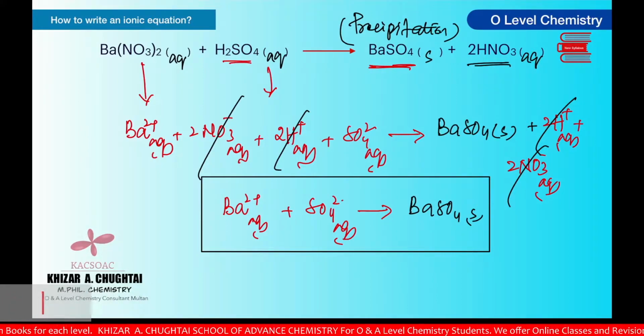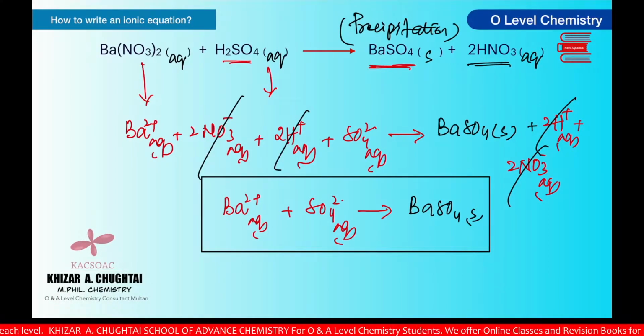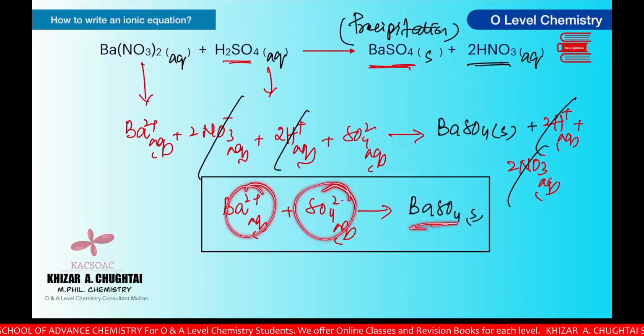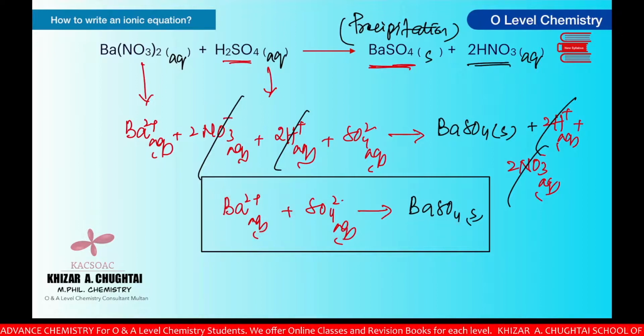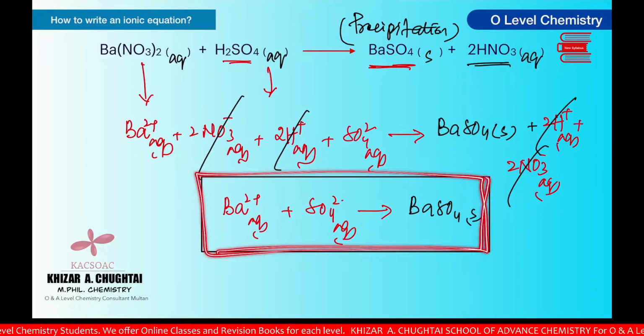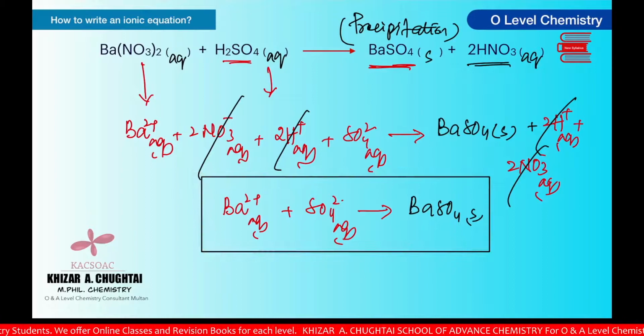This equation reflects that the barium 2+ ion reacts with the SO4 2- ion to make barium sulfate. This is the basic chemical change happening in this reaction, which is said to be the net chemical change. So this is the ionic equation for this sort of precipitation reaction.